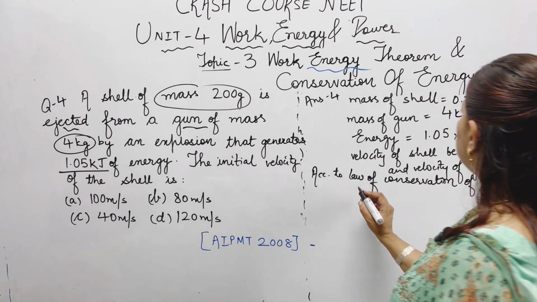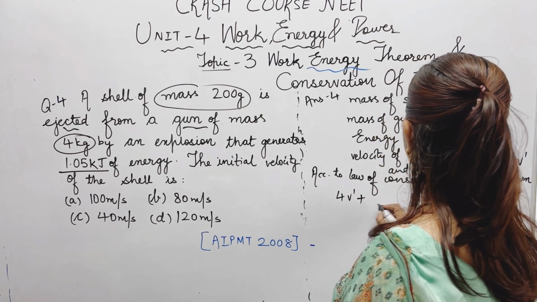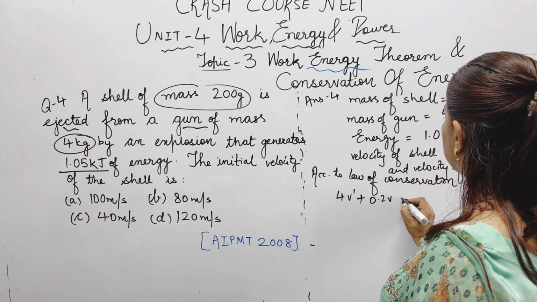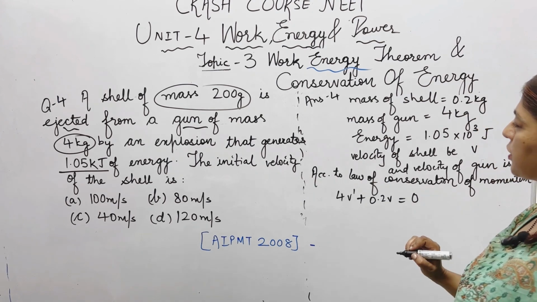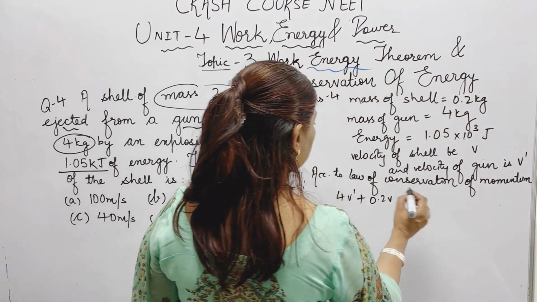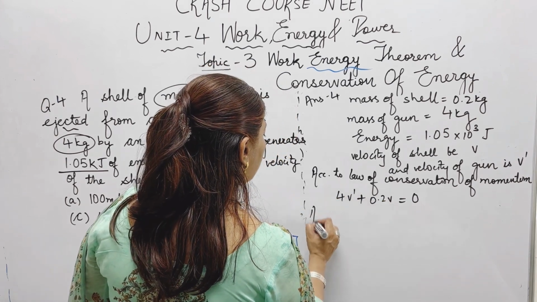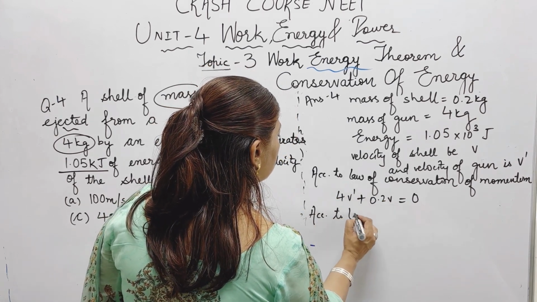So that will be 4 into v dash plus 0.2 into v equal to 0, because initially there was no momentum. From here we need to find the value of v.